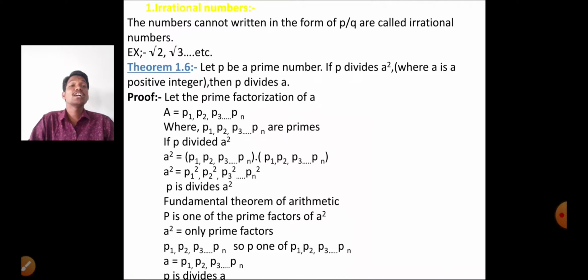Since p divides a square, by the fundamental theorem of arithmetic, p is a prime factor of a square. The a square has only the factors p1, p2, p3, pn. So p is one of p1, p2, pn. So a equals p1 p2 p3 up to pn, and p divides a.